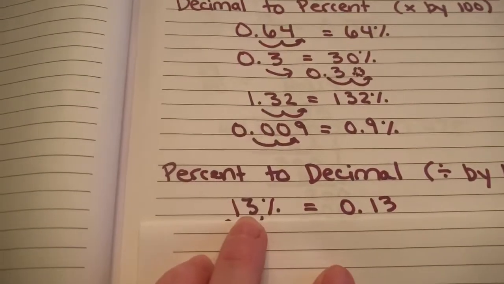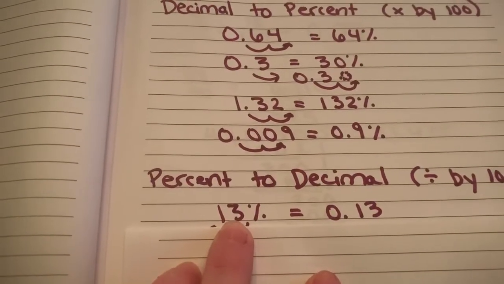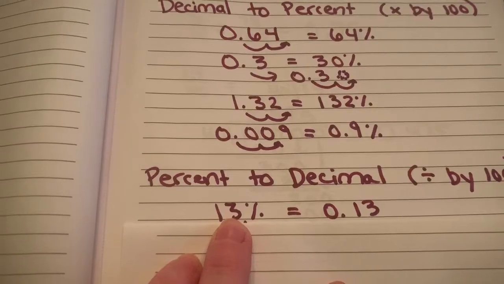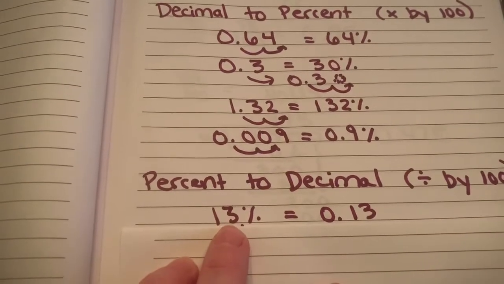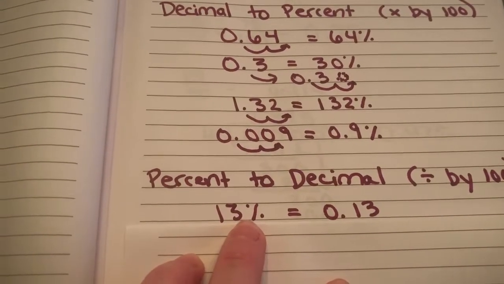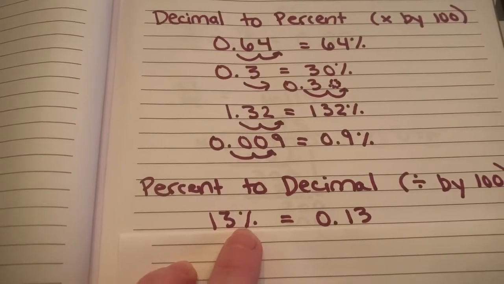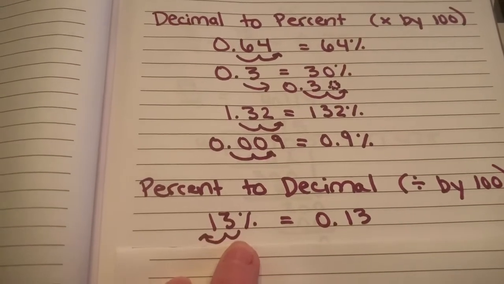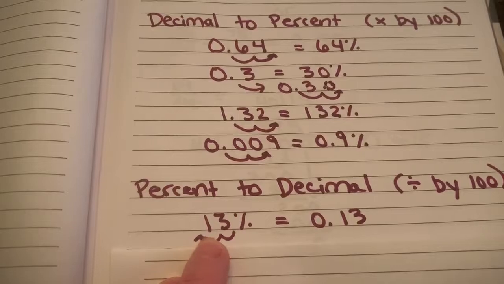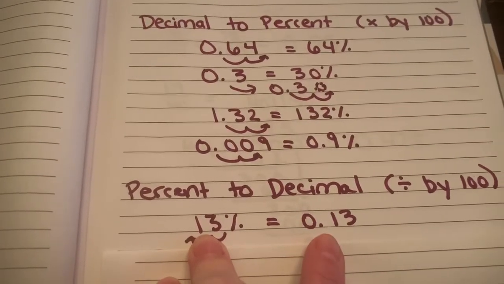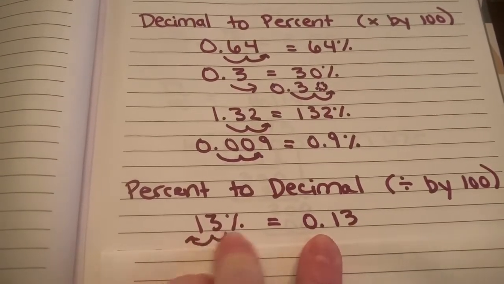So if you have a number like 13% and there's no decimal there, you need to remember that if you have a whole number, the decimal goes at the end. So 13% decimal would be here. I would be moving it to the left 2 places. So 13% becomes 13 hundredths, or 0.13.